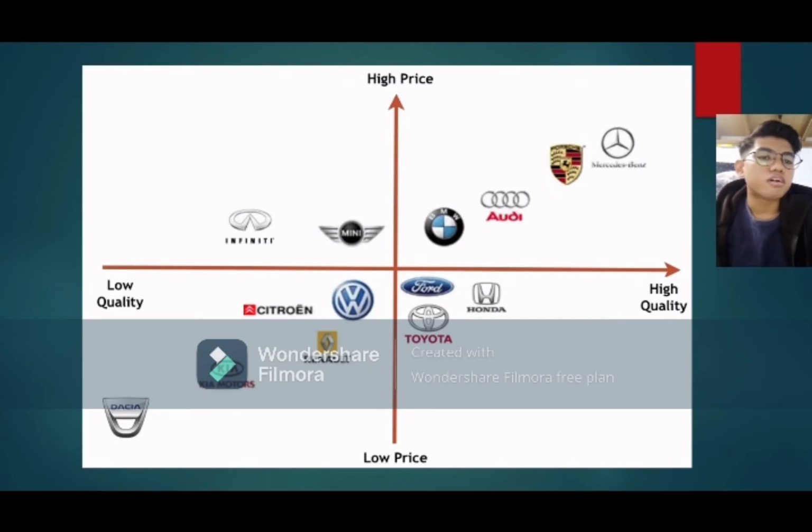This is because we know that the price and quality of Mercedes-Benz cars are higher than BMW, even though they are in the same division.